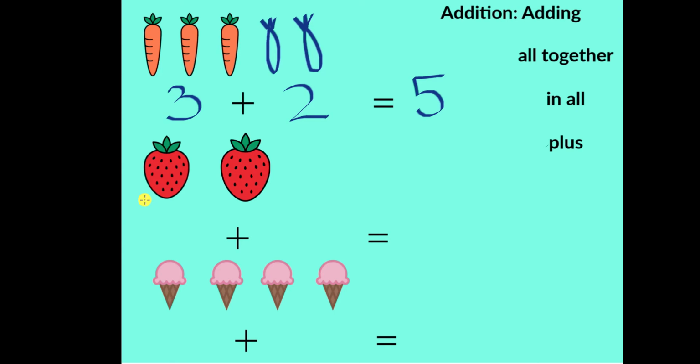Jessica loves eating strawberries. Yum, yum, yum. So what she did was she went to the store and she bought 2 strawberries. She put them in her bag. She hasn't bought them yet. Then she saw 3 more strawberries to put in her bag.